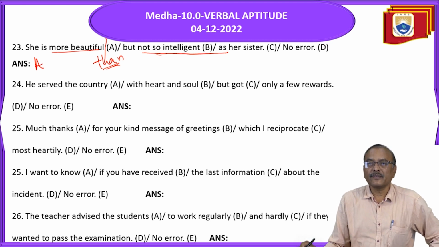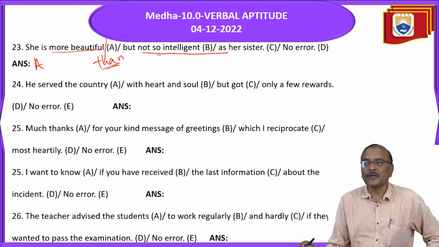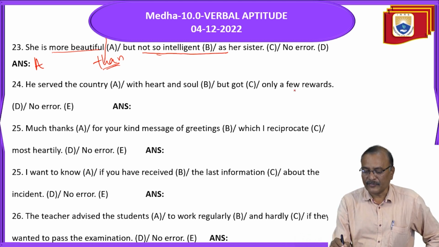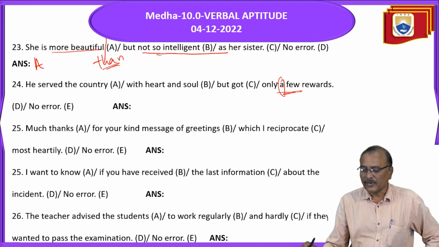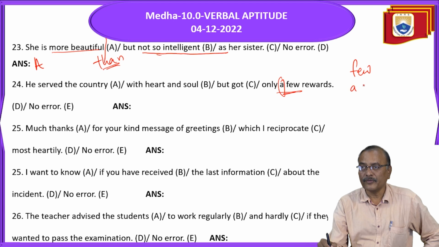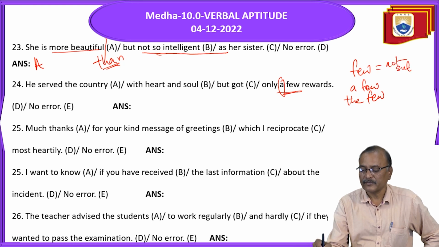Next, he served the country with heart and soul, but got only a few rewards. "A few rewards" is wrong here. What is the difference between few, a few, the few? Few means not sufficient. A few means at least some.